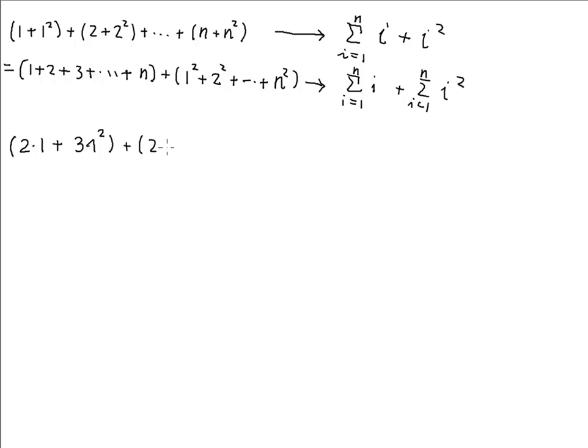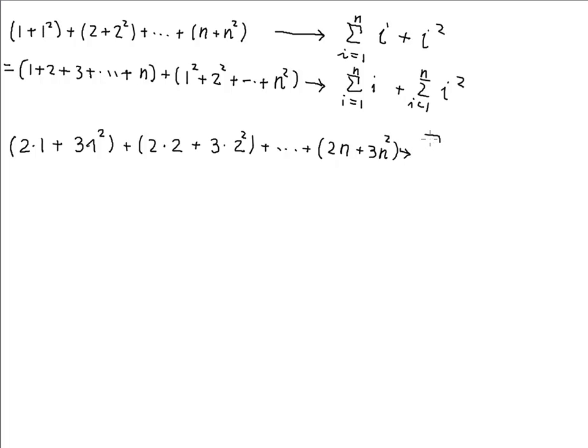We have 2 times 2 plus 3 times 2 squared. And you can see the pattern over here. What it means is that we are just multiplying 2 to the front over here, 2n, and then we have 3n squared.